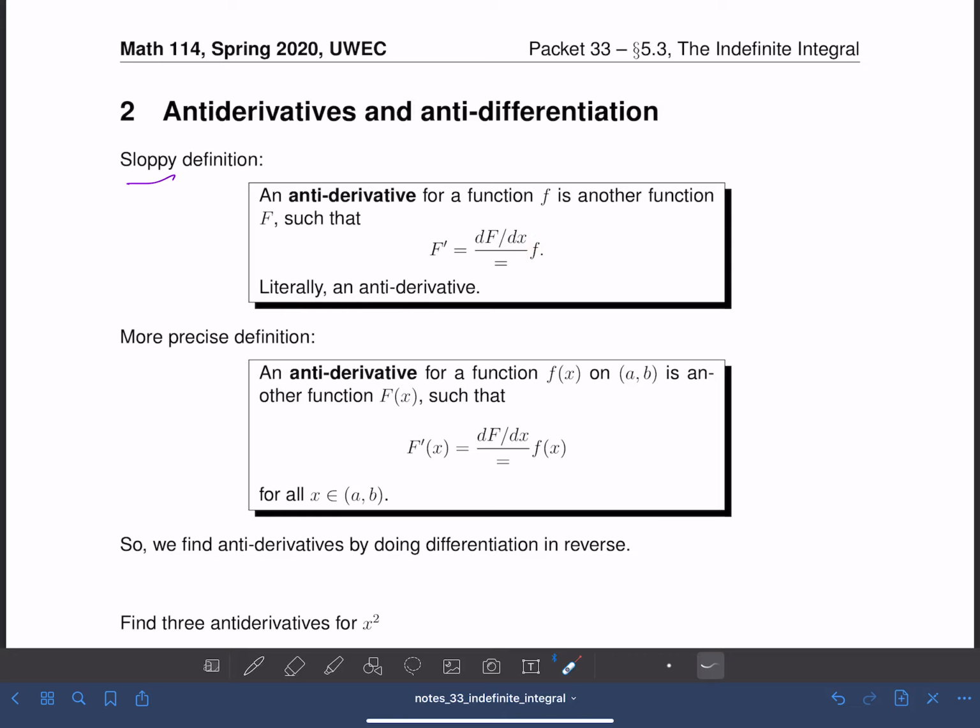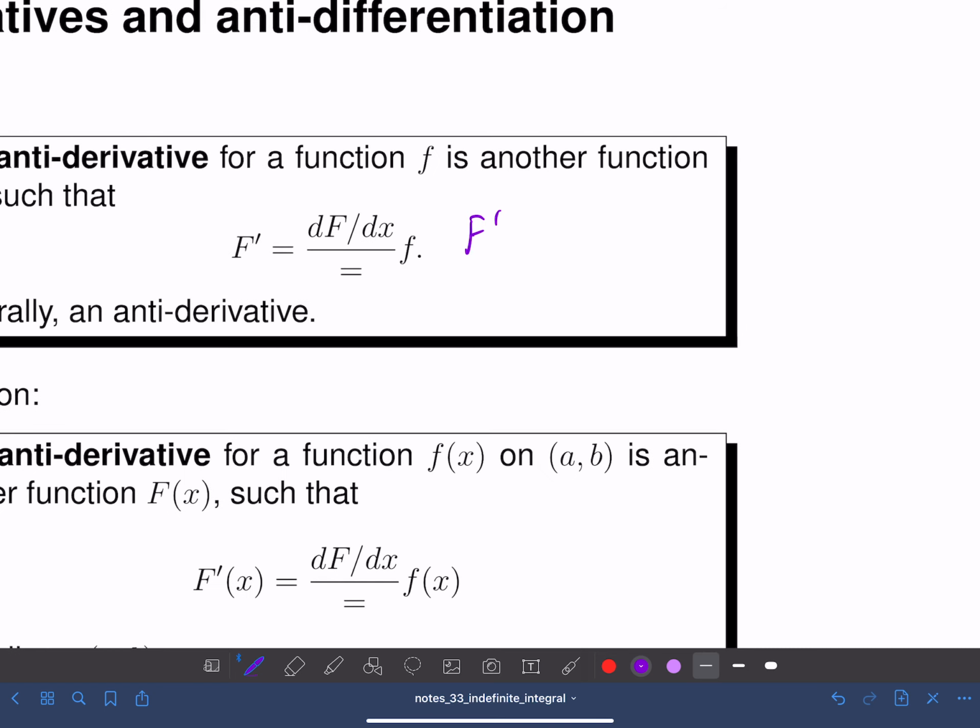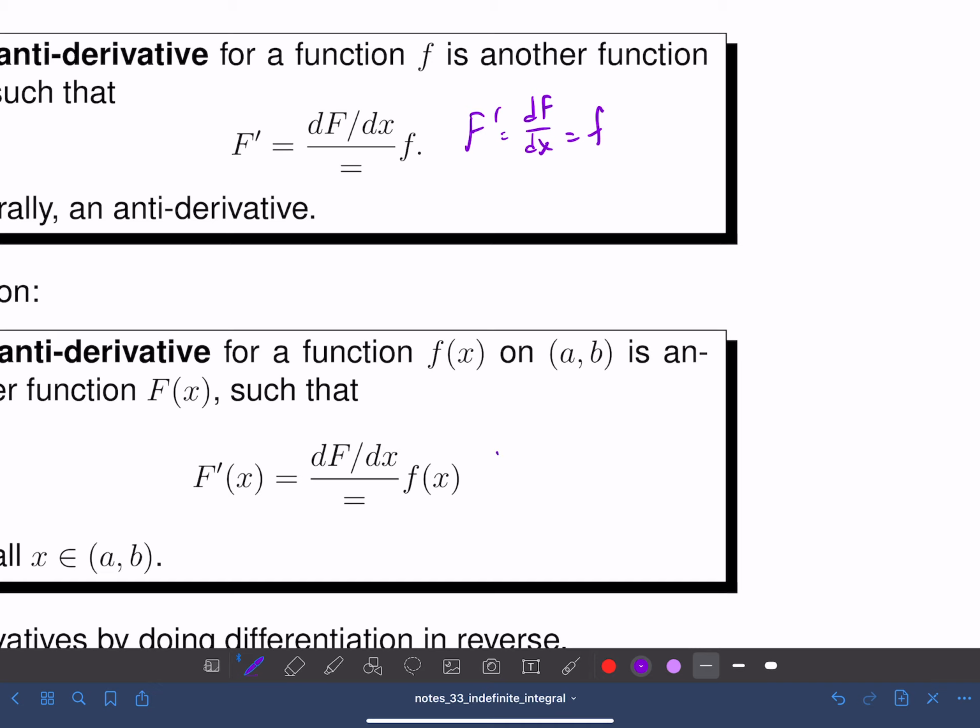This is supposed to say f prime equals d capital F dx equals lowercase f. That's what that's supposed to say. I'll go ahead and write that here.